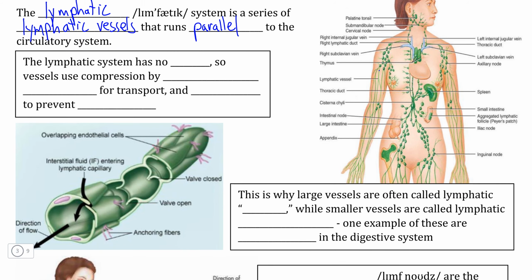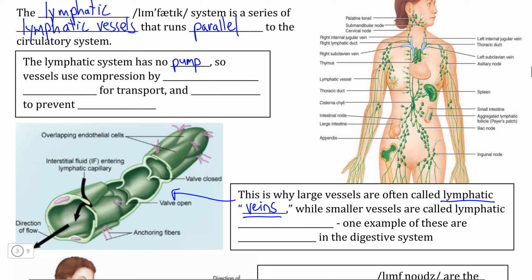Unlike the circulatory system that relies upon the heart to be the primary power source for blood to move, the lymphatic system has no central organ that acts as a pump, and therefore we can consider most of the lymphatic vessels to be more similar to veins. In fact, that's why we often use the word lymphatic veins for the larger vessels in the lymphatic system, such as the one that we see here.